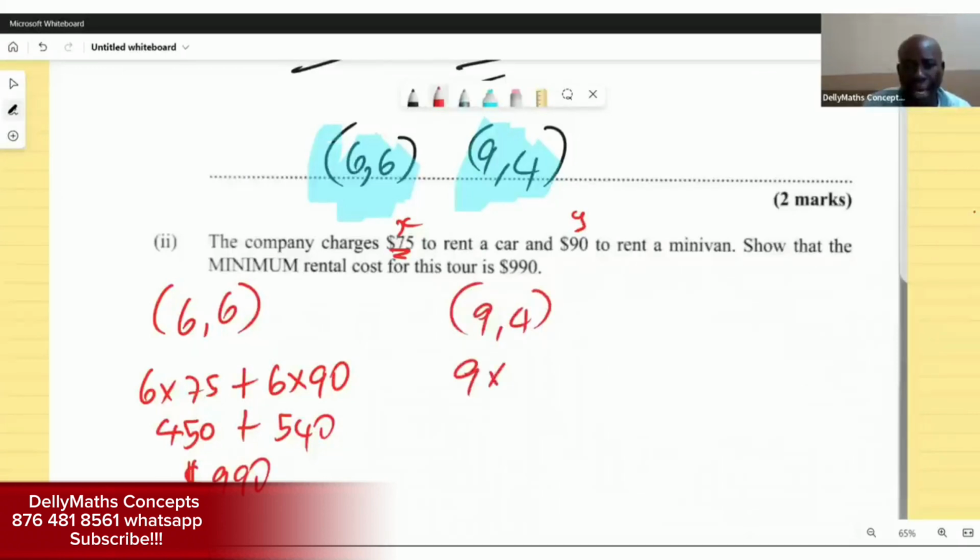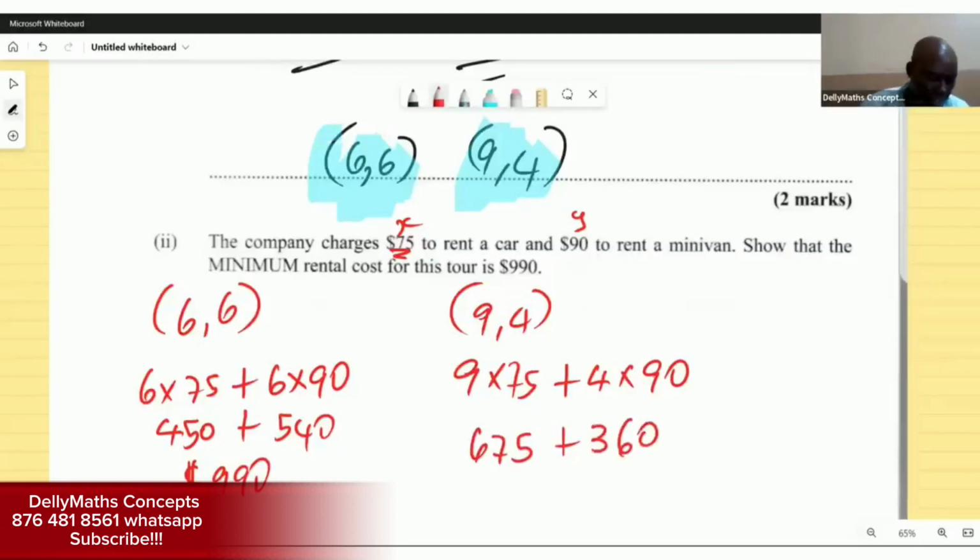So it's 9 times 75 plus 4 times 90. 9 times 75 gives me $675, and 4 times 90 gives me $360. If I add 675 plus 360, I get $1,035.